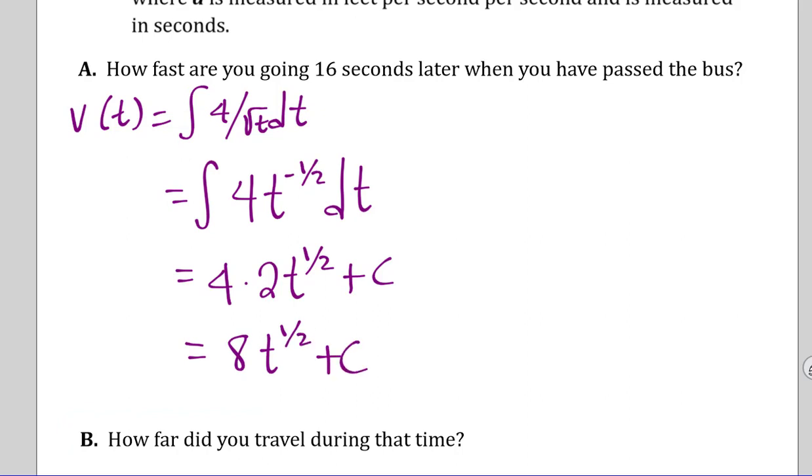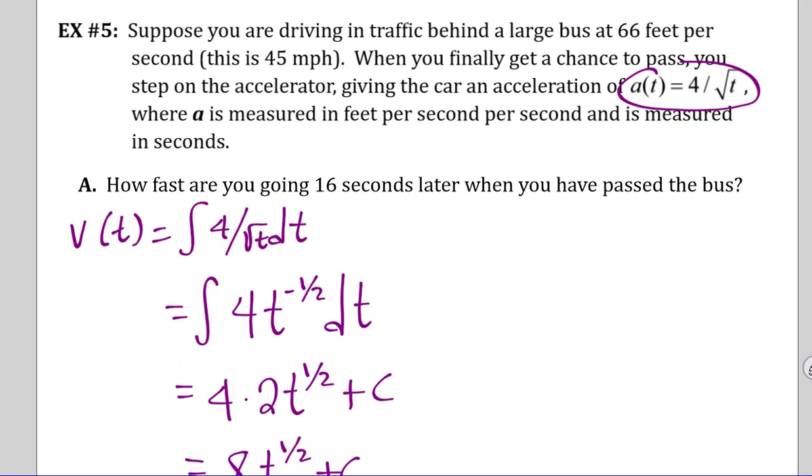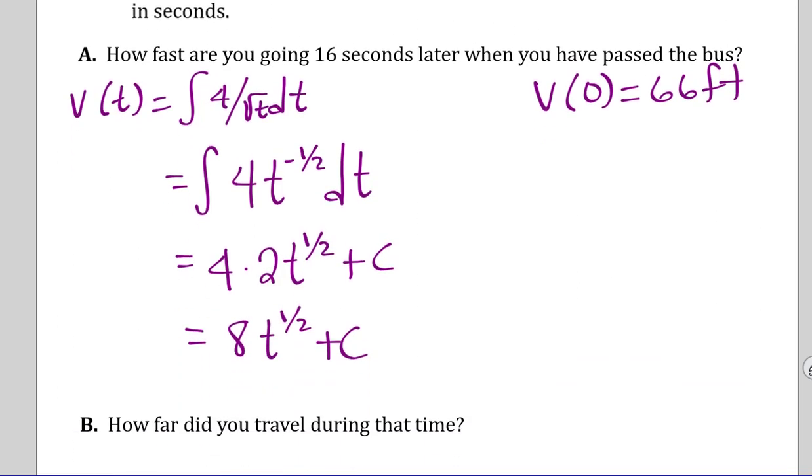Now that we've got that as our velocity, we have some information. We know that the initial velocity was 66 feet per second, or 45 miles per hour. I think we're going to do this in feet per second. So if v of 0 is 66 feet per second, that's my initial point. I need to add that here.